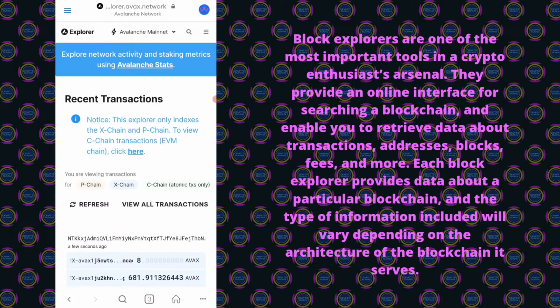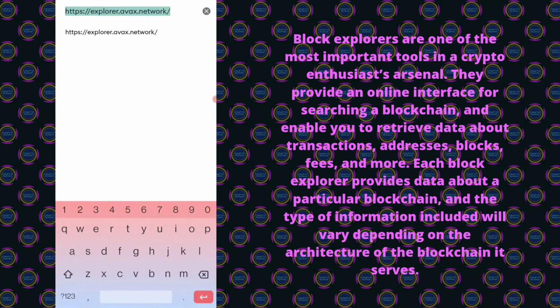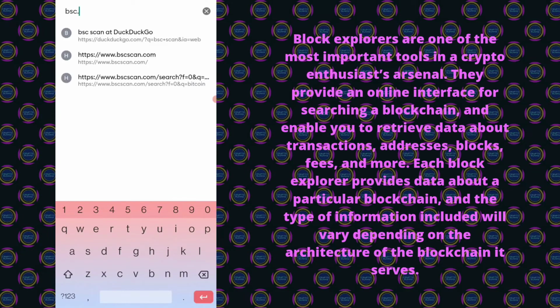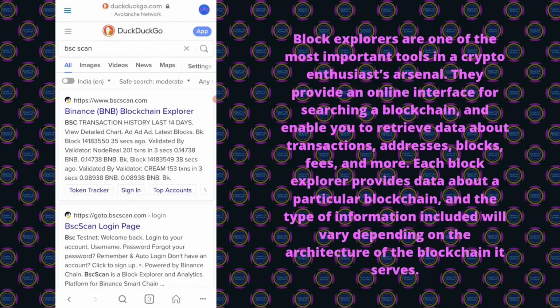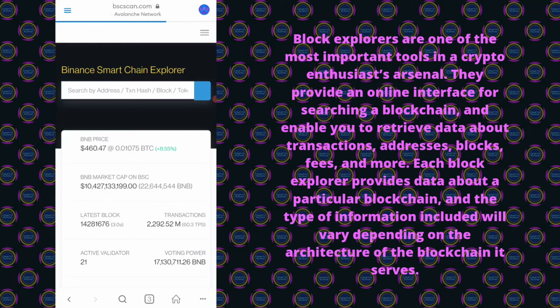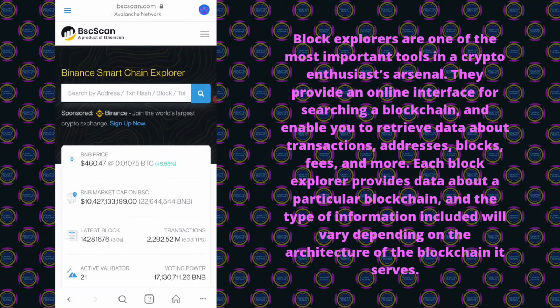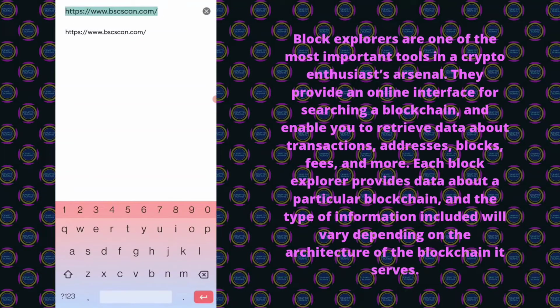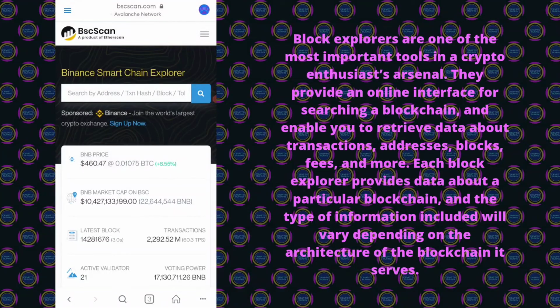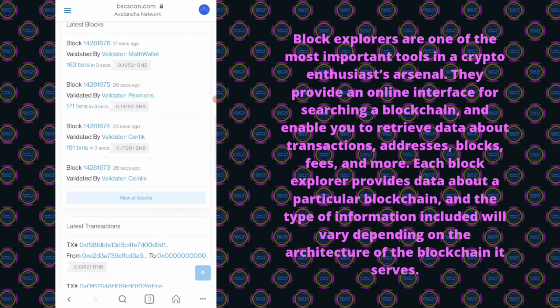Now they're different for every network. So this is for Avalanche. There's one for the BSC network as well. It says Blockchain Explorer for BSC, and there are many. So every network has an Explorer page that you can obviously go to, and you can access information.